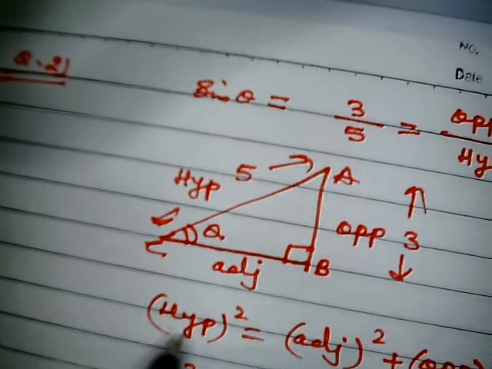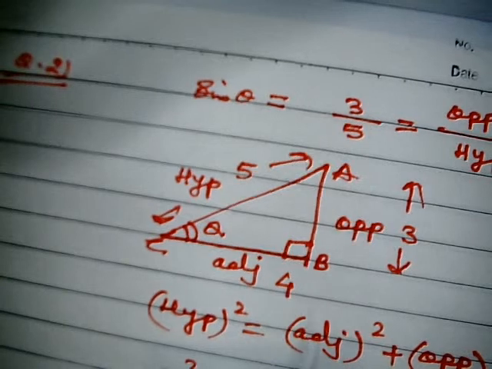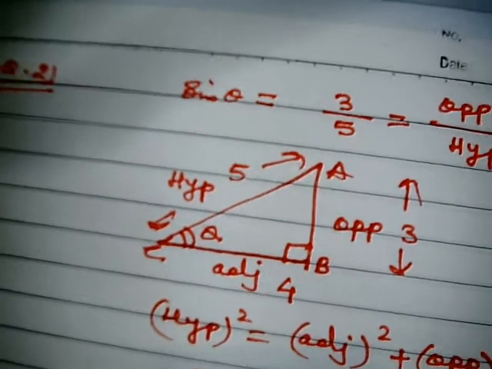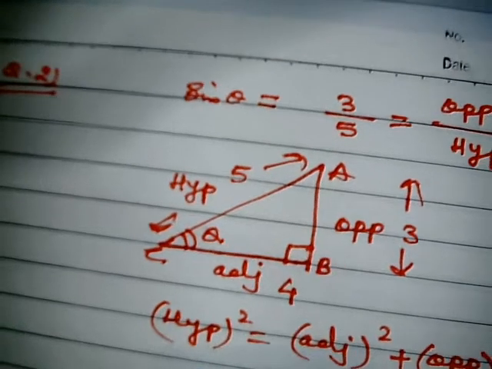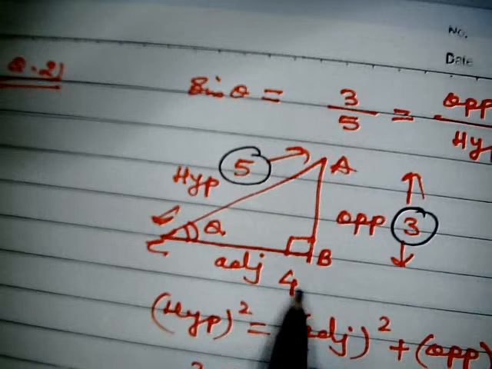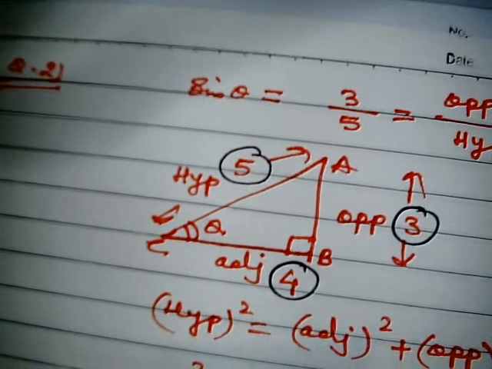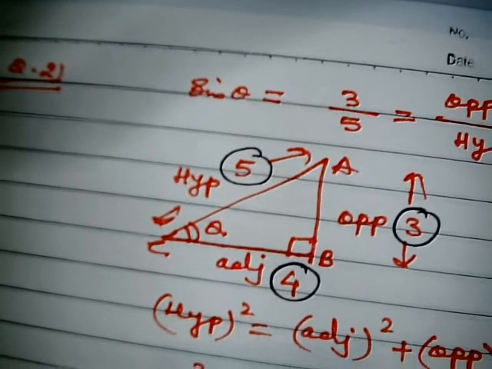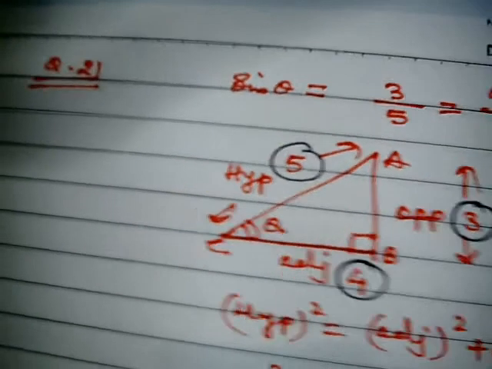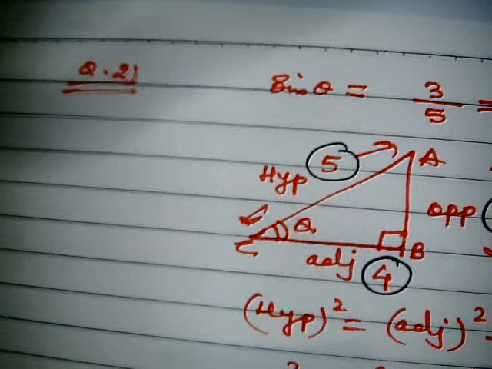So now we know all the values: hypotenuse is 5, opposite is 3, and adjacent is 4. So I am going to calculate all the remaining trigonometric functions. Here I will make a little space, and I am going to write 3 here.